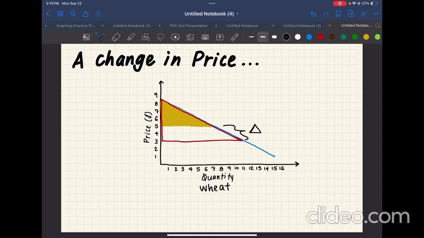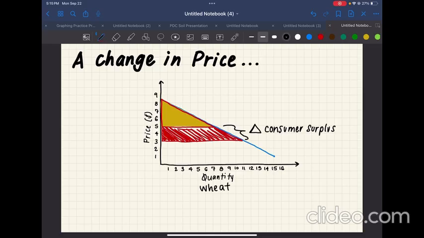We use this a lot in economics and other subjects where we use math and graphs to look at outcomes. So I'm going to say difference in consumer surplus is that area there. It's this area here, below the yellow triangle and inside the red triangle.